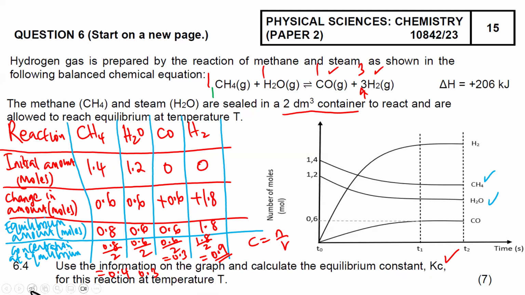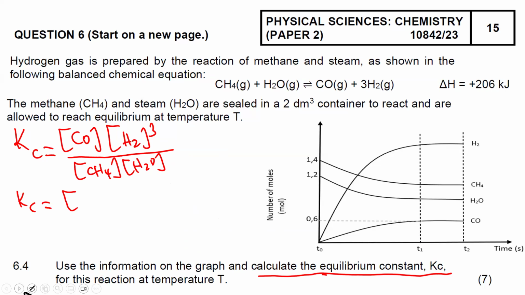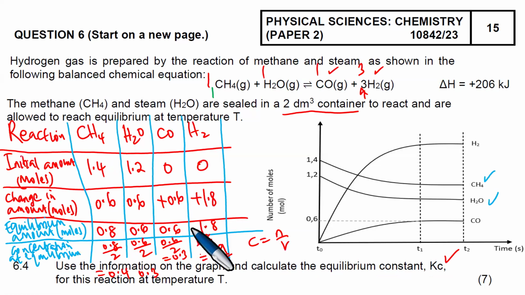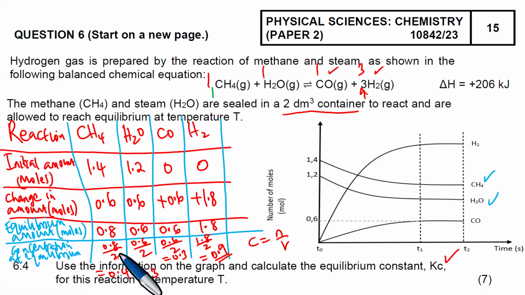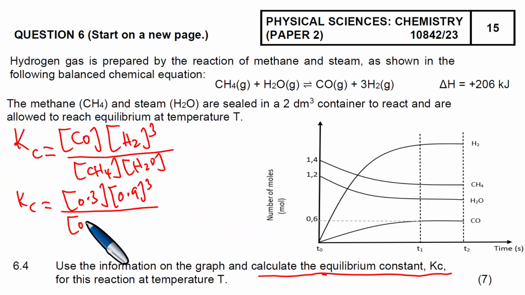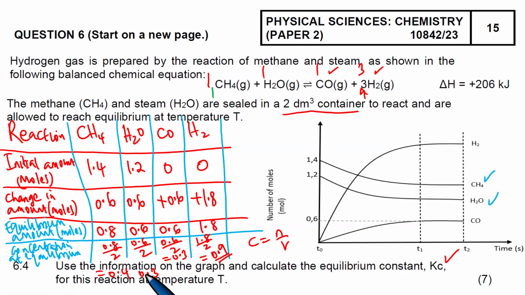So you're going to put 0.3 here. Hydrogen, 0.9. CH4, 0.4. H2O, 0.3.